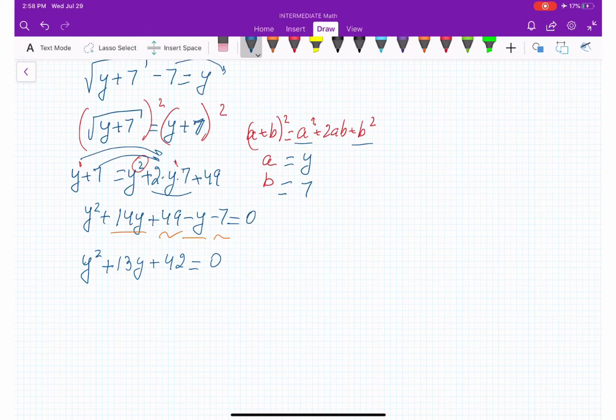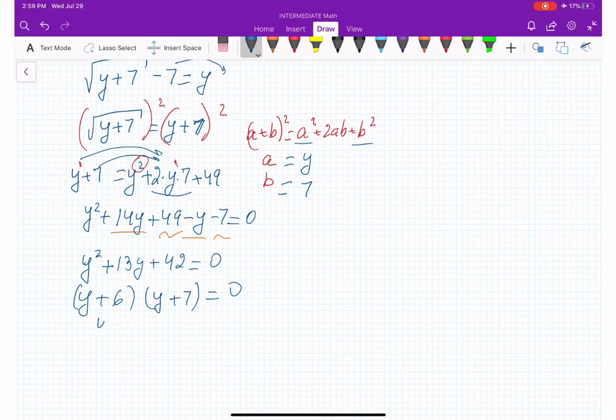The factoring, it's going to be two numbers that multiplication give you 42, addition will give you 13. Of course, it's going to be 6 and 7. 6 times 7, 42, 6 and 7, 13. Again, factoring, it will be at the end of the screen video.